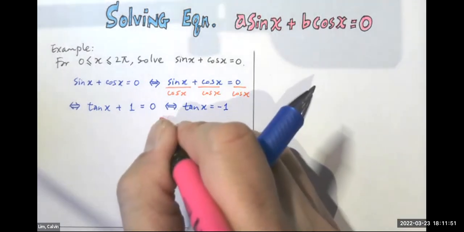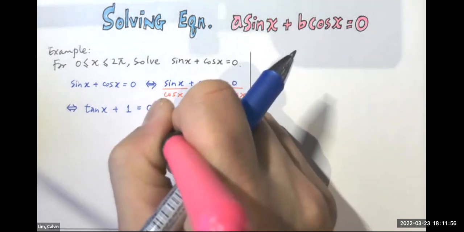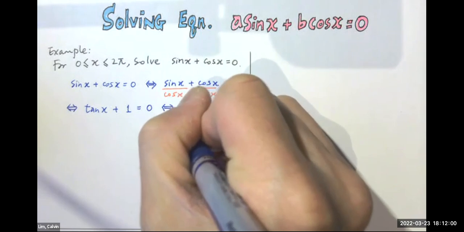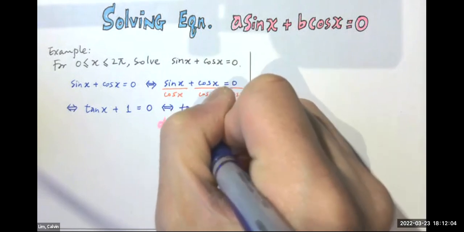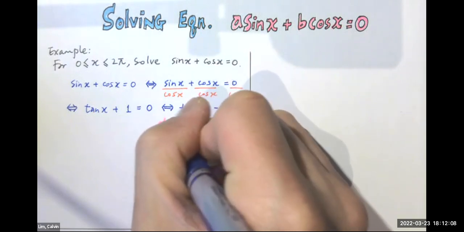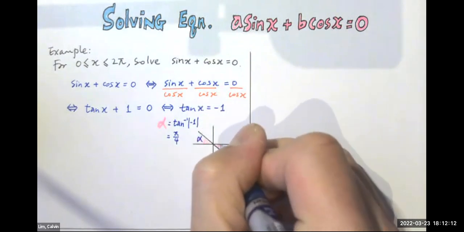The reference angle is given by tangent inverse of the absolute value of the constant here. So that is tangent inverse 1, which is pi over 4. So alpha is pi over 4.